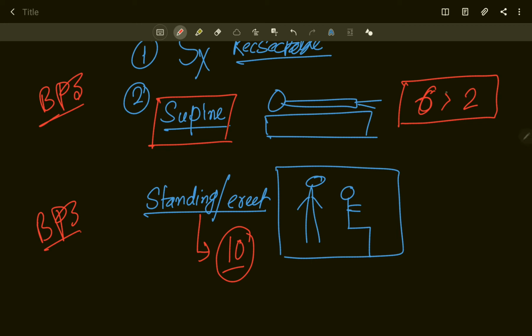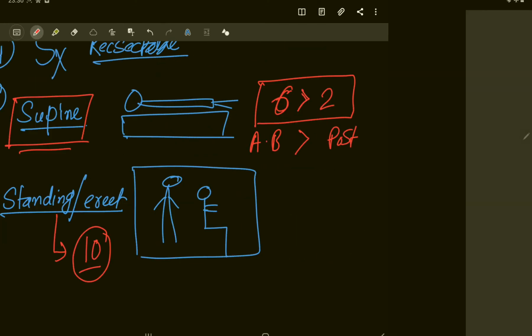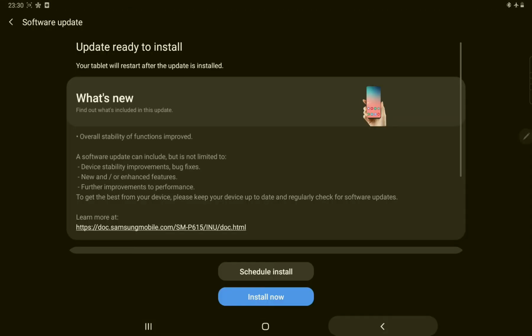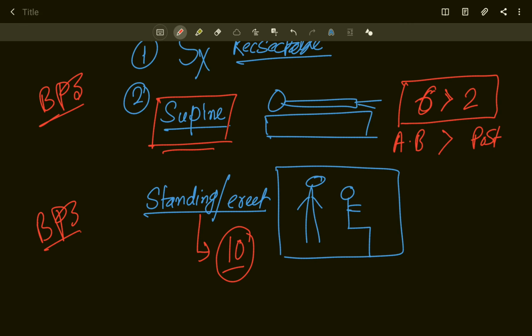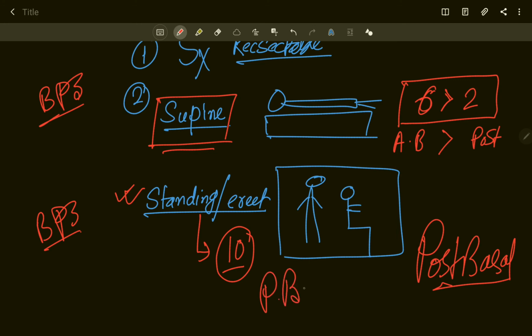Here you can see, in supine posture, your apical basal and your posterior segment are most dependent. So apical basal is greater than posterior. In standing or erect posture, it is the posterior basal.